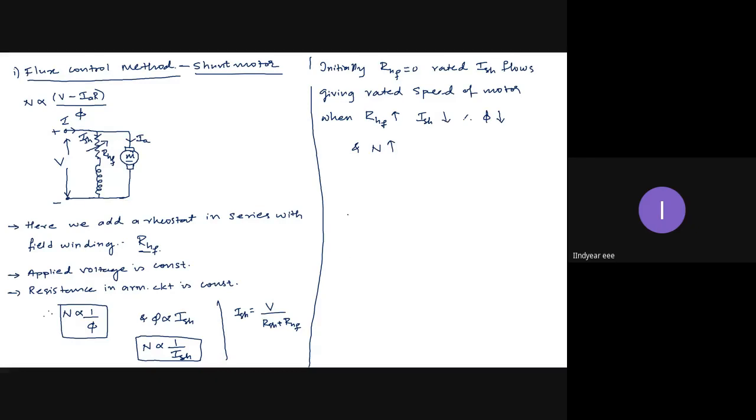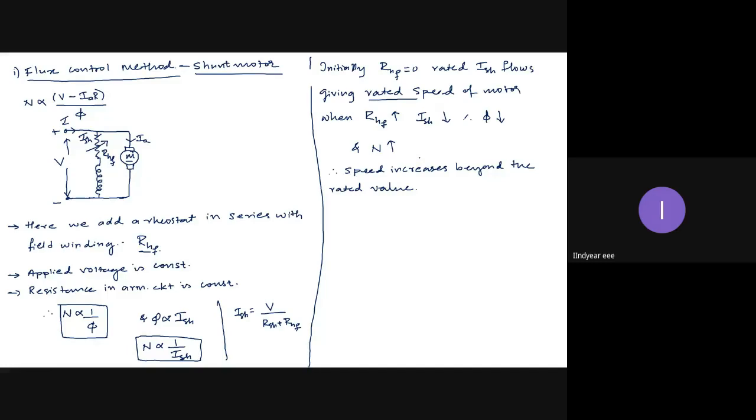This speed, which was initially the rated value, is now increasing beyond the rated value. Therefore, speed increases beyond the rated value.